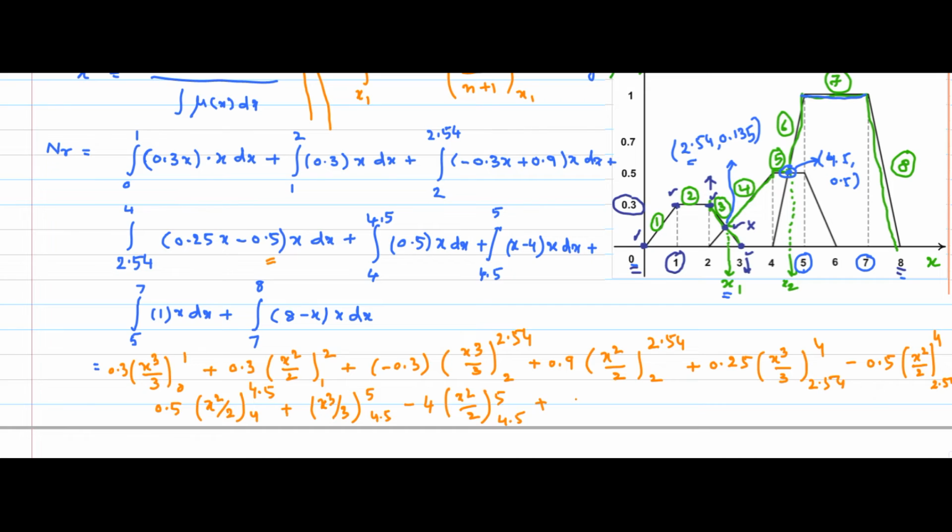Next, plus x, integral of x is x square by 2, and it is from 5 to 7, plus 8 into x, 8 can be taken out. Integral of x is x square by 2, it is from 7 to 8, minus x square is there, so it should be x cube by 3, from 7 to 8. So these are the things.